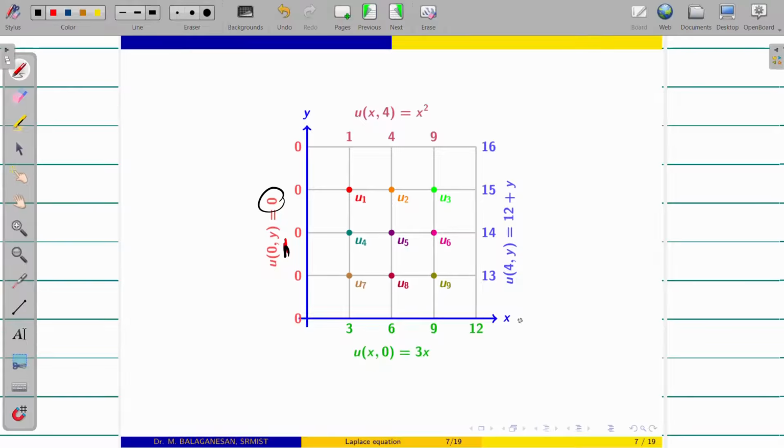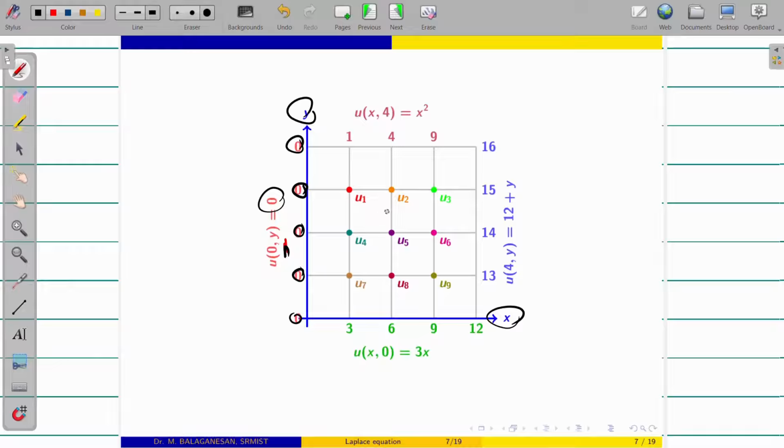You know very well, this is the x-axis, this is the y-axis. So in the y-axis, the x value will be 0. So this is the line. The first line will be x equal to 0. You should listen very carefully, guys. If you do it in a proper way, thereafter there is nothing. It's a very, very simple problem. We are not going to memorize any formula or anything. So u of 0 comma y equal to 0. So 0, 0, 0, 0, 0.